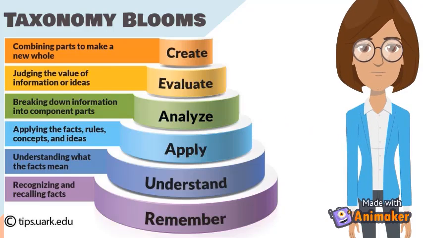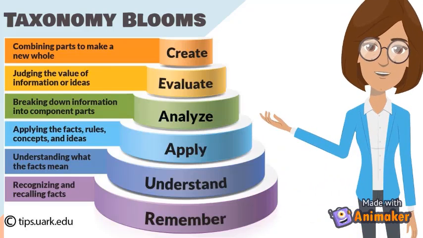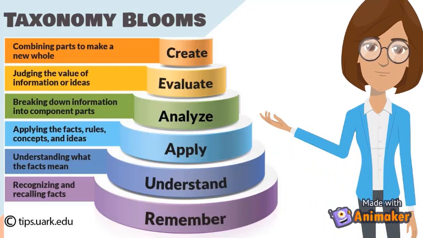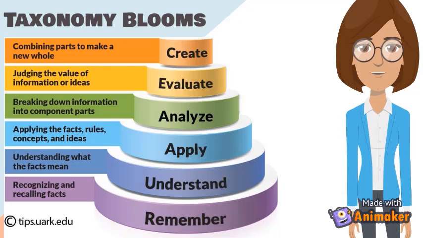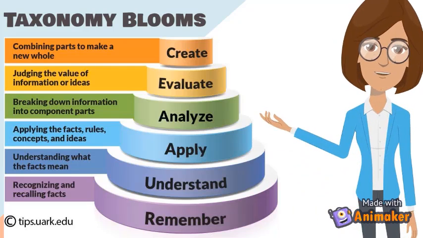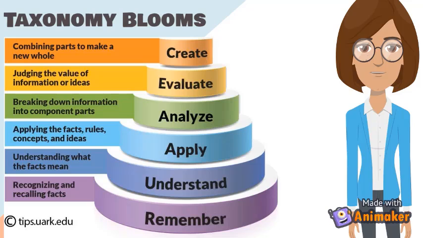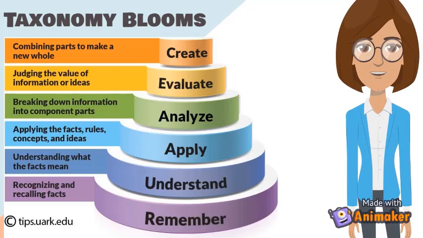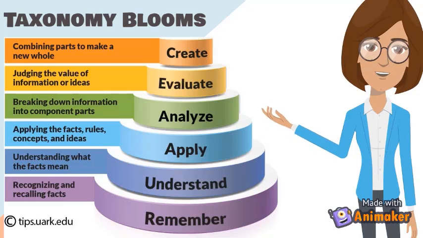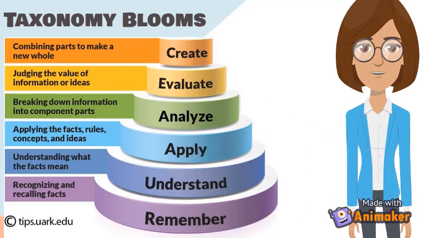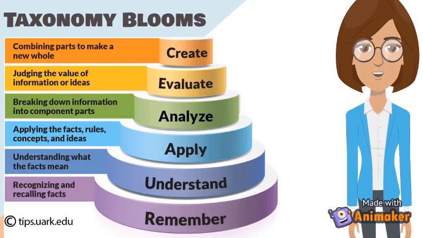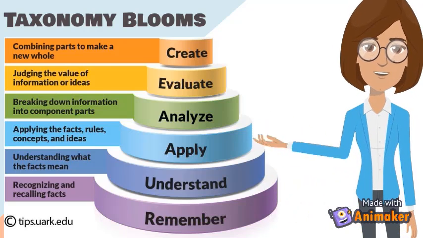But if you pay attention, it does not start from the top to the bottom, but from the bottom to the top. So LOTS starts from remember, and create is the highest order thinking skill, or higher order thinking skills. Later, I will explain the separations of these.